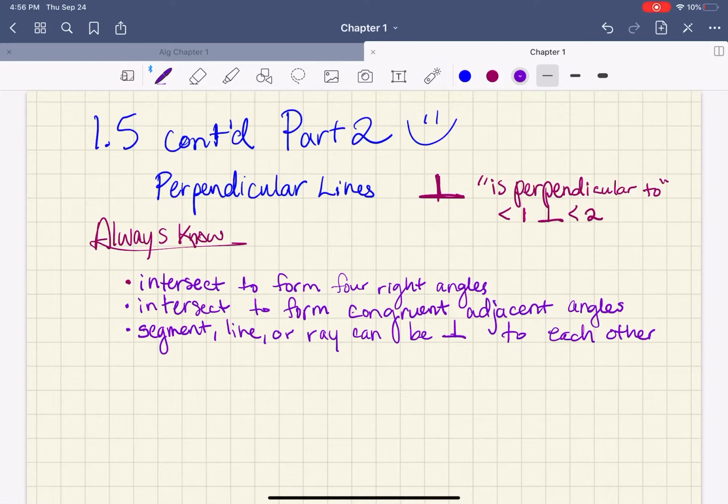And finally, we know if there's one right angle sign at the intersection of 2 lines, then the lines are perpendicular. So let me write that one out.